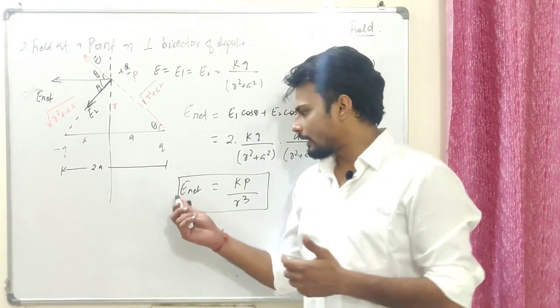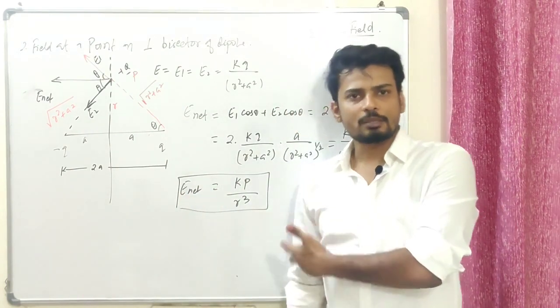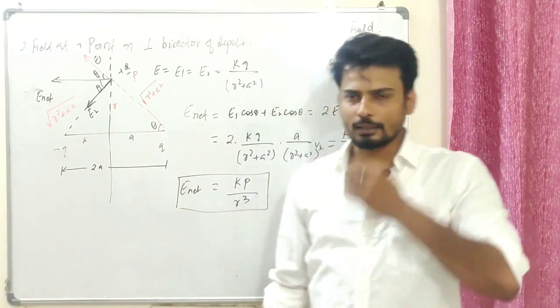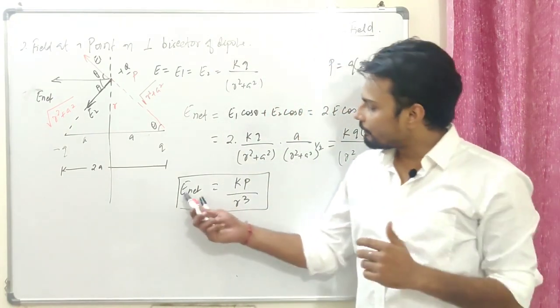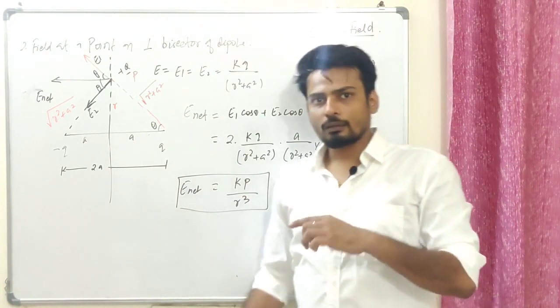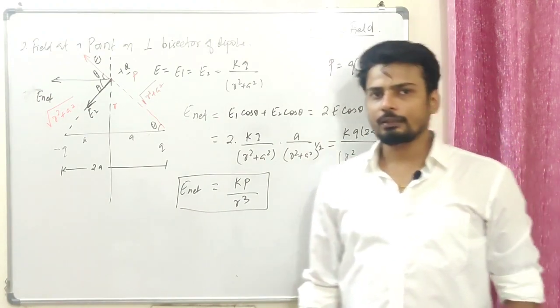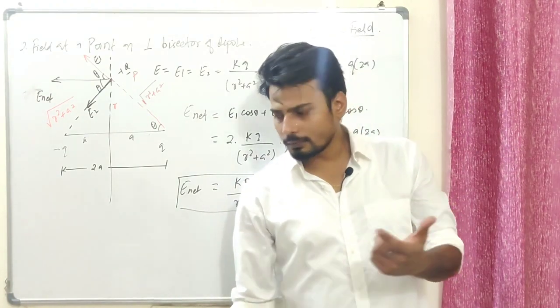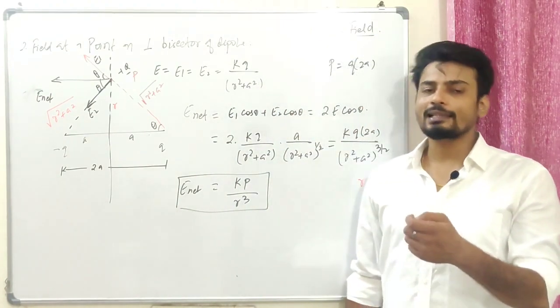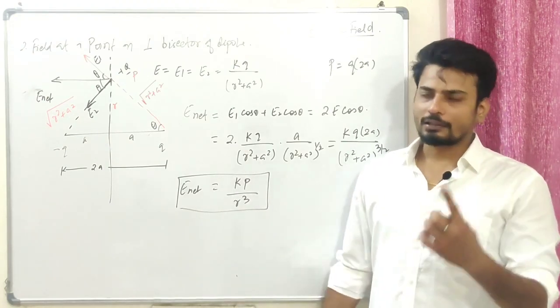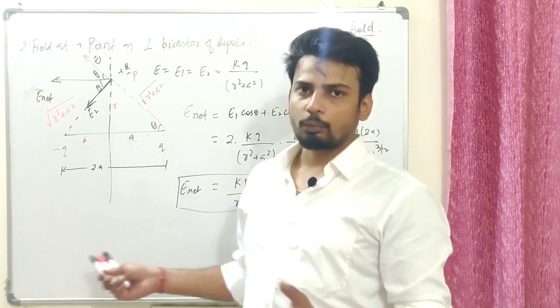Of course the force would be kp over r cube. I'll be dealing with questions on the force in the case of a dipole also, but you should understand that the force should inversely vary with r cube, right? In the case of Coulomb's law, it was only with the point charge. From Coulomb's law we have understood that it varies inversely as 1 over r square. Now it varies with 1 by r cube. That's one of the differences between the dipole and the point charge.